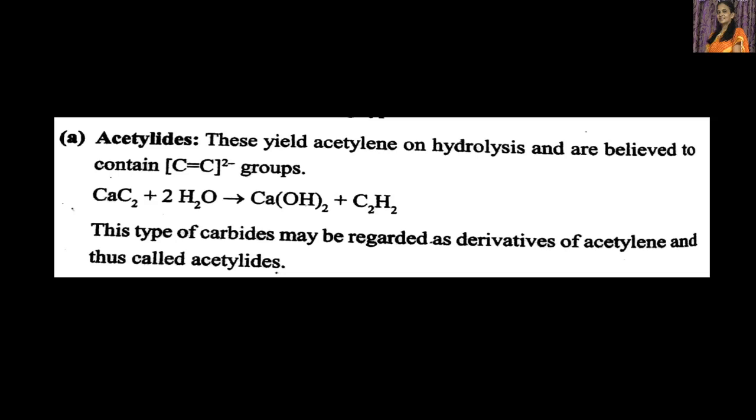On hydrolysis it produces calcium hydroxide and acetylene gas, C2H2. As it produces acetylene on hydrolysis, it is called an acetylide. This type of carbide may be regarded as a derivative of acetylene, and thus they are known as acetylides.